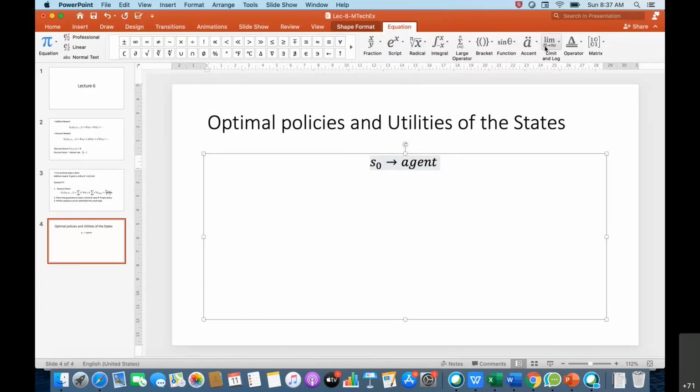The probability distribution over the state sequence is determined by the initial state S, the policy pi, and the transition model of the environment. As we are dealing with MDPs, we should always have the initial state, a policy, and the state transition model.